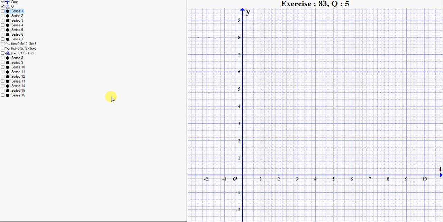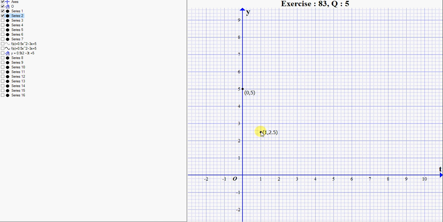So the first point is 0, 5. This is 0, 5. X is 0, y is 5. Second point, 1 and 2.5.